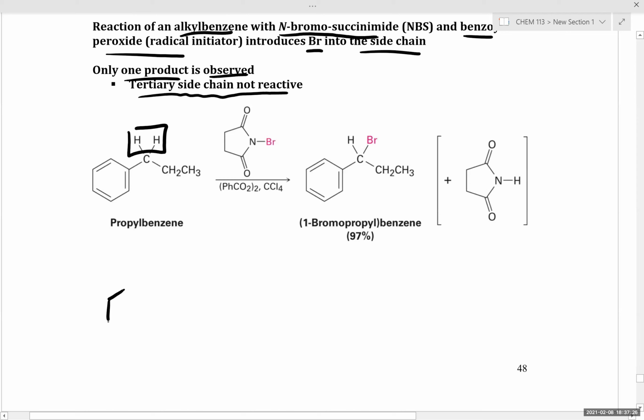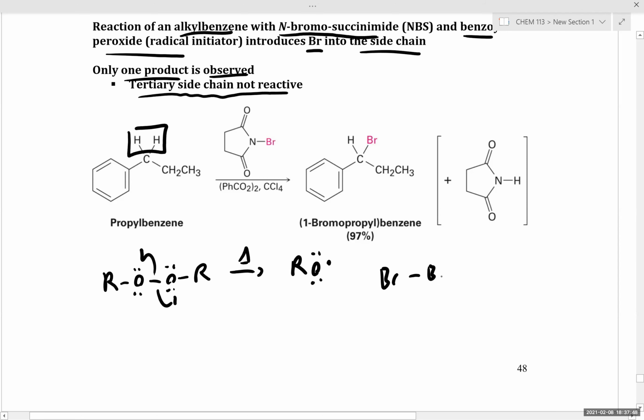So just as a refresher of the mechanism, you'll start off with your peroxide that we'll draw as ROOR. So under heat or photolysis conditions, you'll generate your first peroxy radical. This is a review of radical chain bromination, but I just wanted to show this mechanism just as a refresher. Your trace amount of bromine that you've generated over the course of this reaction.